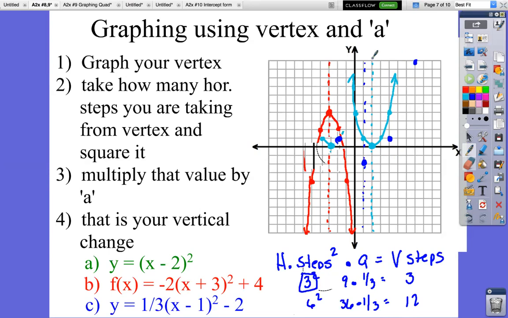There you go. And that's what it should look like. Any questions?